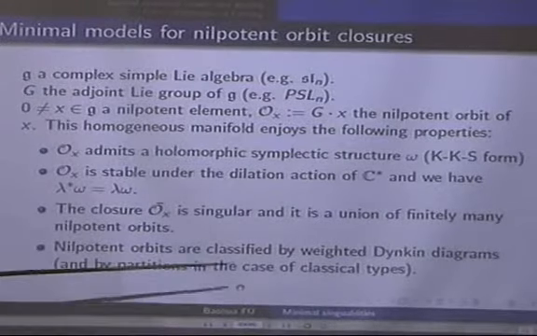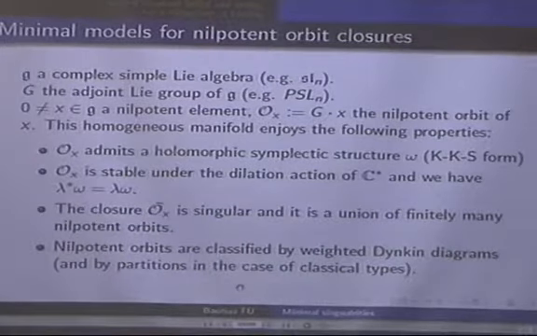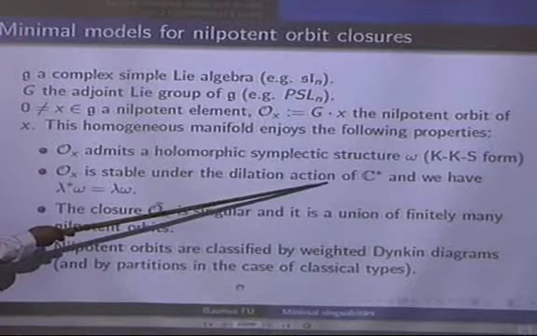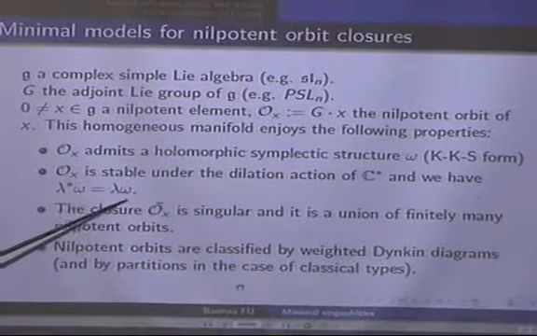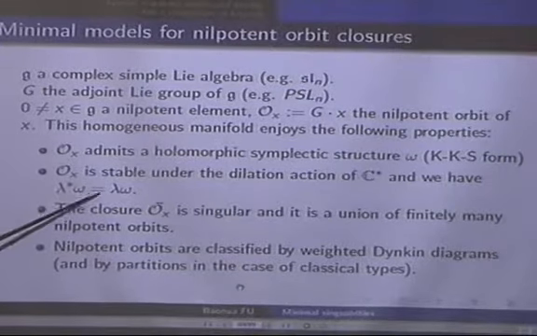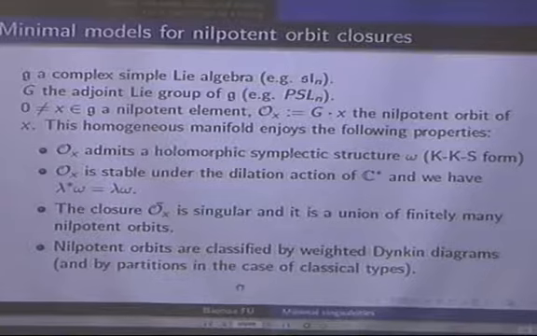This is what we call the Kostant-Kirillov-Souriau form. And also, this is stable under the dilation action of C star. Furthermore, under this action, you have this property, just as in Karadin's talk, so l is just 1. So this is a very simple example.